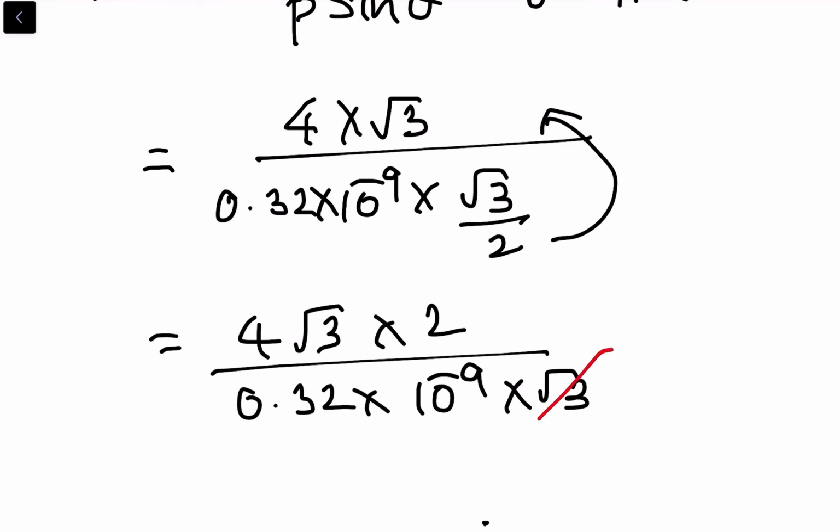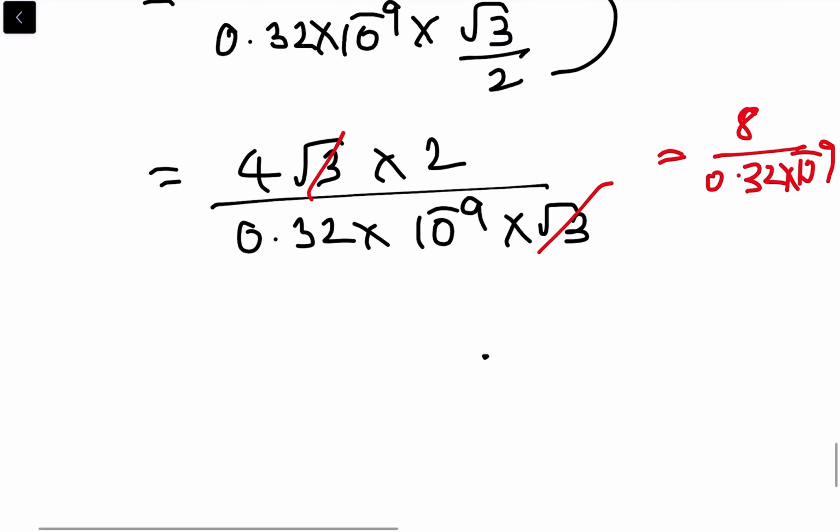You can cancel root 3 and root 3, and we have 8 divided by 0.32 × 10^-9.